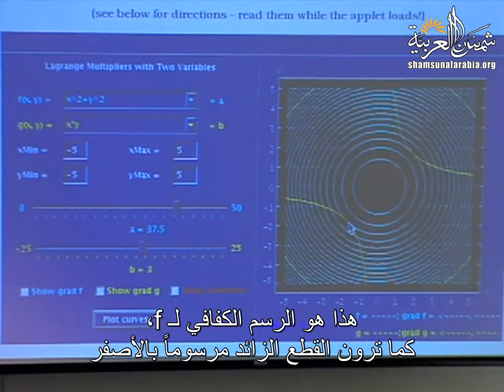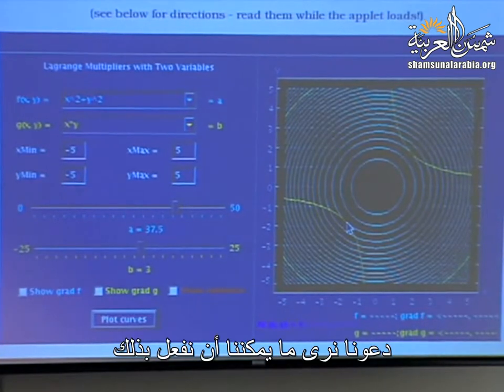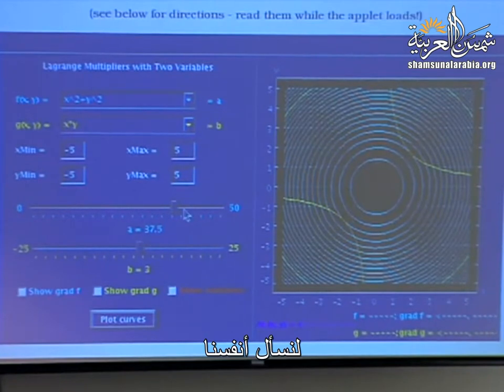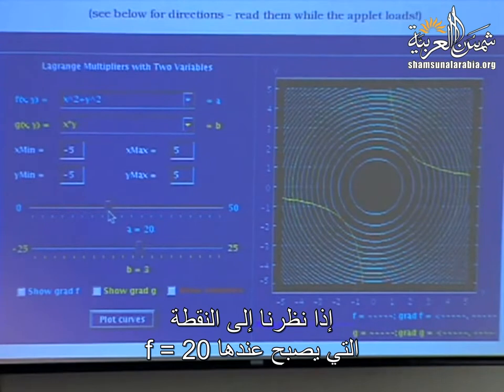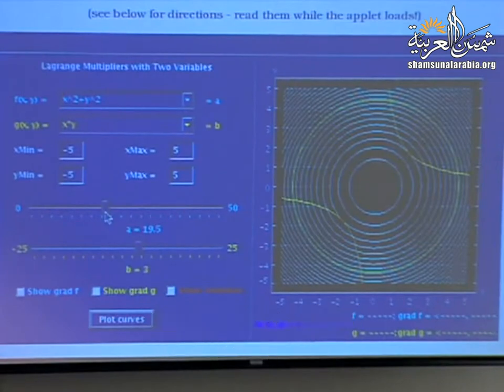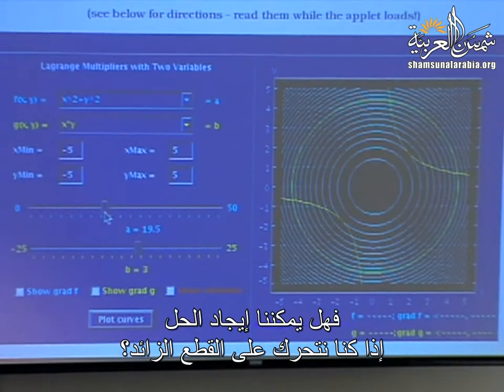That's the contour plot of f with a hyperbola on top of it. And now let's see what we can do with that. Well, let's ask ourselves, for example, if I look at points where f equals 20 now. I think I'm at 20, but you can't really see it. That's a circle. That's a point whose distance square is 20. Well, can I find a solution if I'm on the hyperbola?